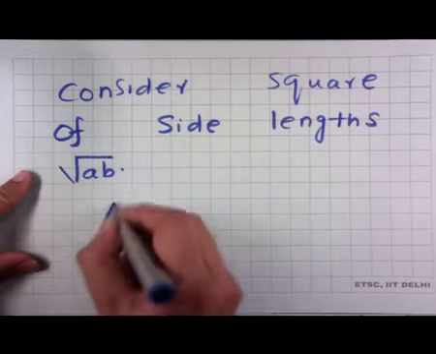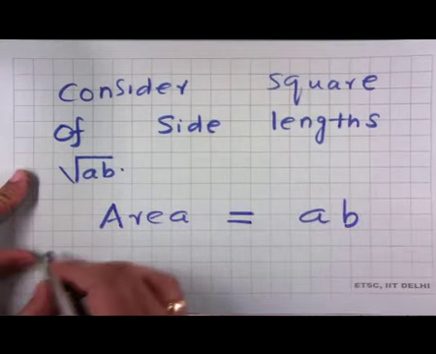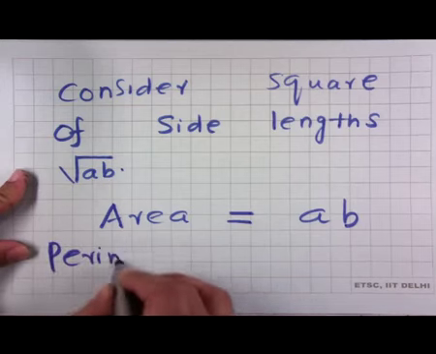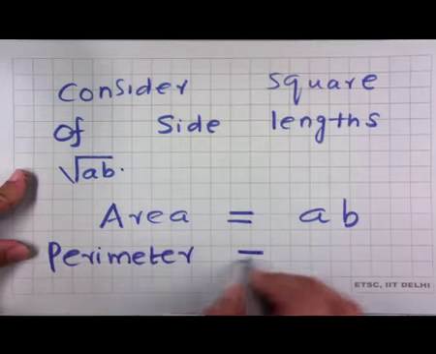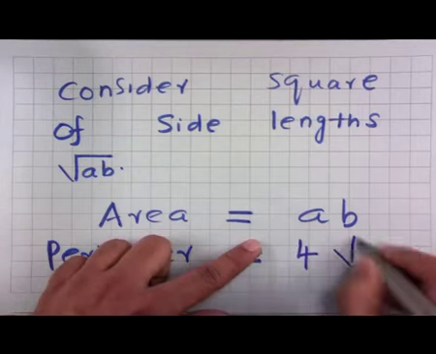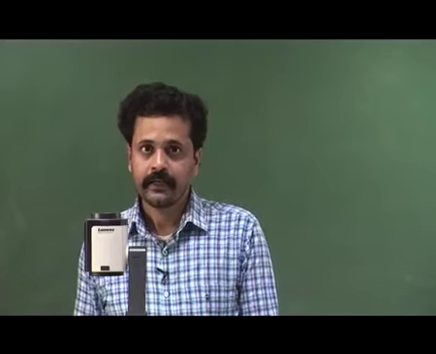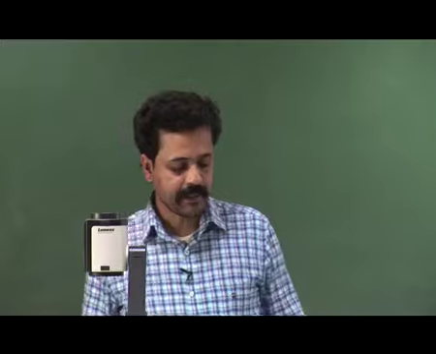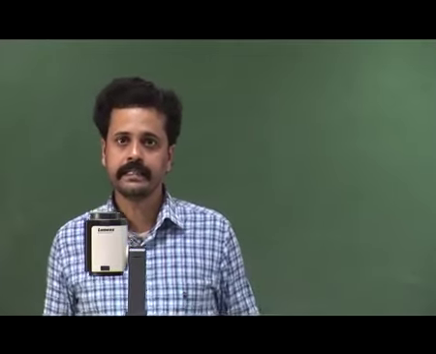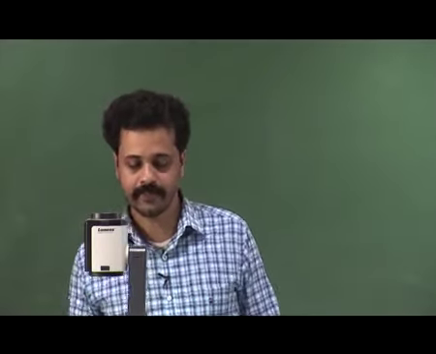Then area of this square obviously is AB and perimeter is 4 times root AB, sum of lengths of all sides. Keep this in mind. Let us apply AM-GM inequality to the numbers representing the side lengths A and B.